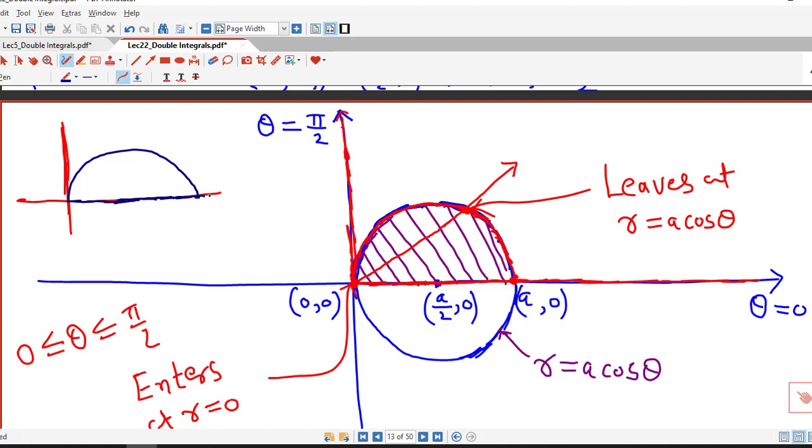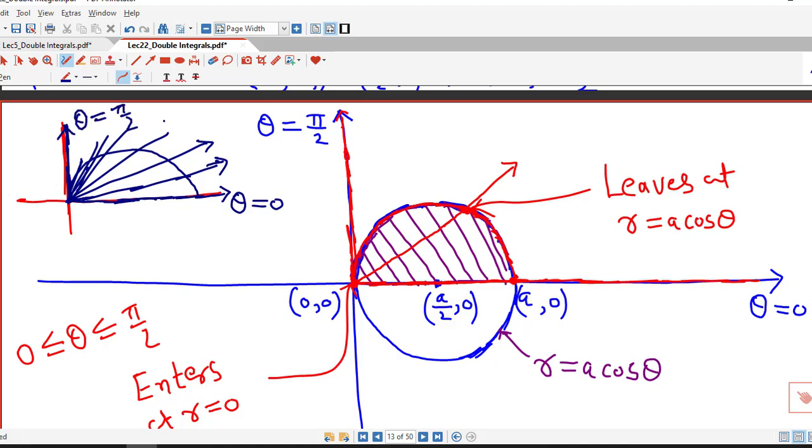To cover the whole region, we have to imagine different rays starting from this line theta equal to 0. Then we will consider in this way. To cover the remaining region, we will consider this type of rays. In this way we have to go up to this point theta equal to pi by 2. So we start with theta equal to 0 and we end with theta equal to pi by 2. So smallest value of theta is 0 and largest value of theta is pi by 2.